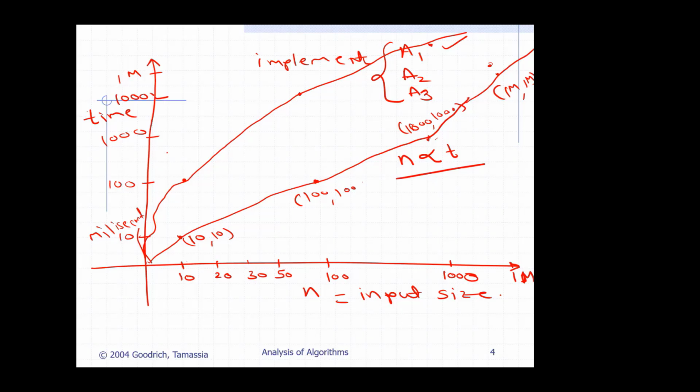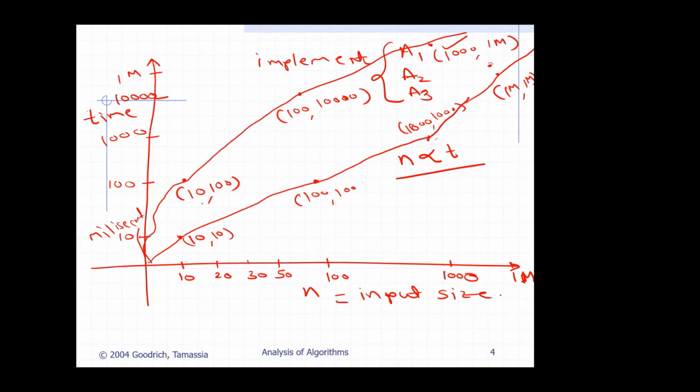Now for A2, if I give my input as 10, I'm taking 100 milliseconds. Whenever my n becomes 100, it is 10,000. When my n becomes 1000, it takes 1 minute.